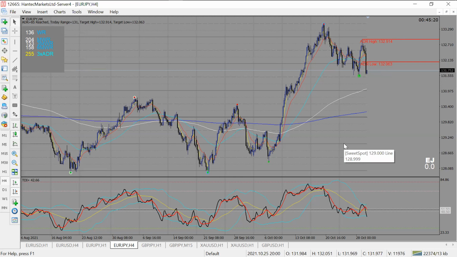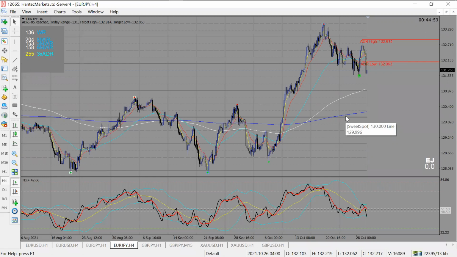This is 12900. Sweet spot number, psychological number, quarter point, whatever you can call it. 1900 line. Then this 130000 line. So you can see that the difference between the two is 100 pips.